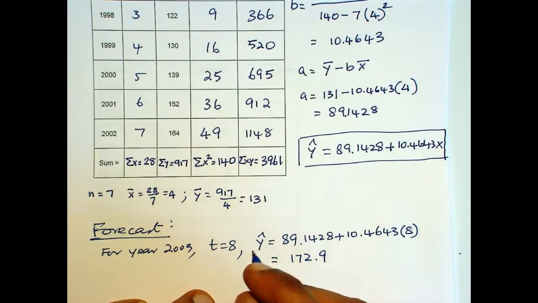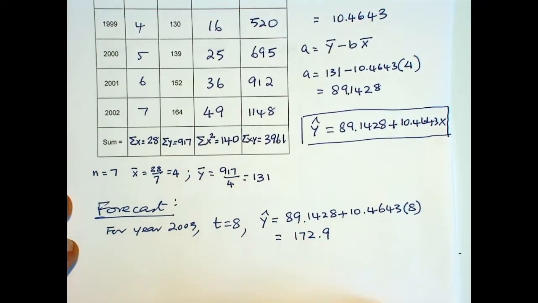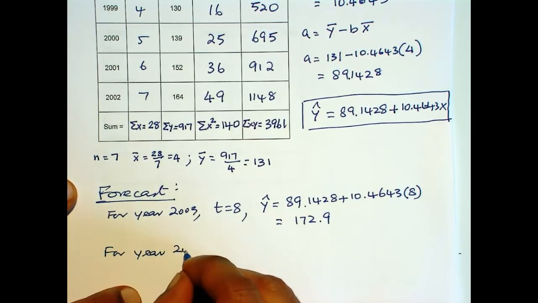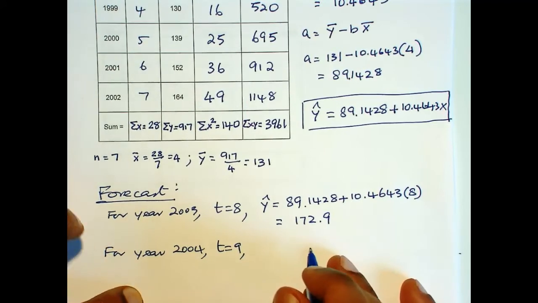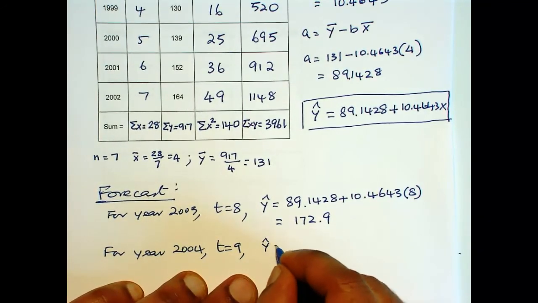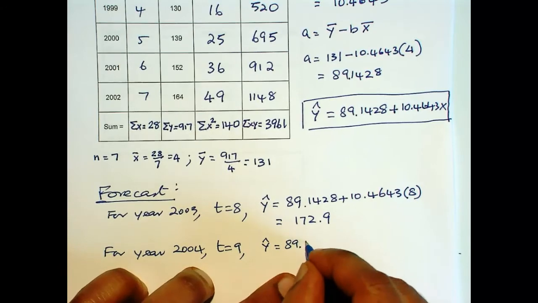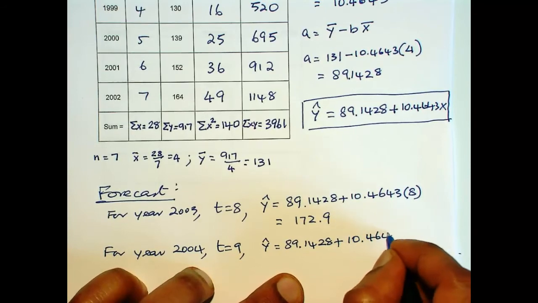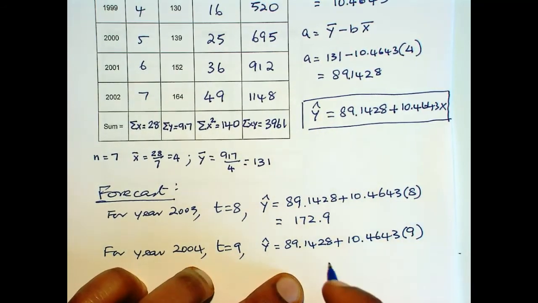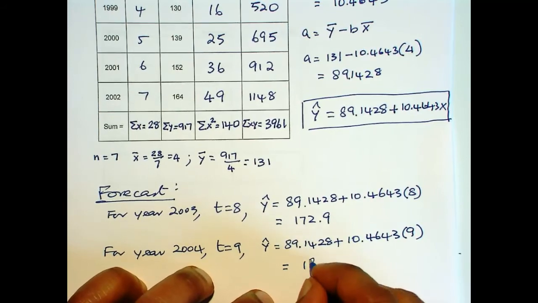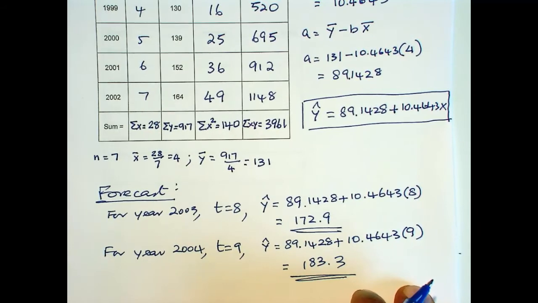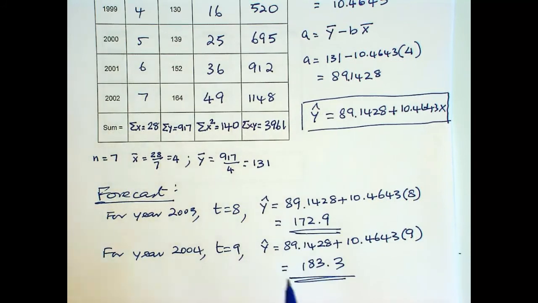So that's the forecast for year 2003. For year 2004, t is 9, so y hat is 89.1428 plus 10.4643 times 9, and that will give you 183.3. So these are the forecasts, and this is how you'll use the trend projection equation to find trend forecast.